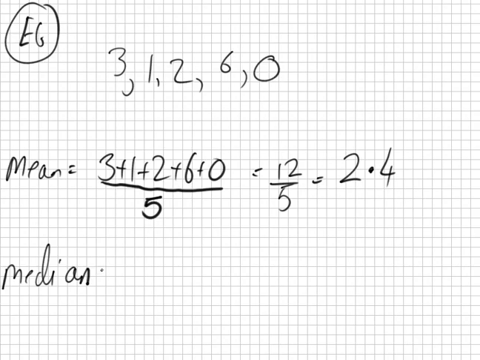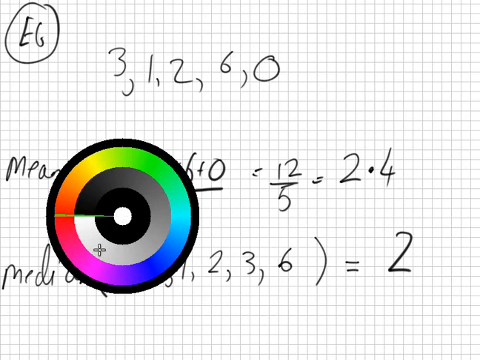Now, how do you calculate the median? Very good. You have to put them in ascending order. 0, 1, 2, 3, and 6. So then the median of these numbers would equal 2. Because you can easily spot what number's in the middle.